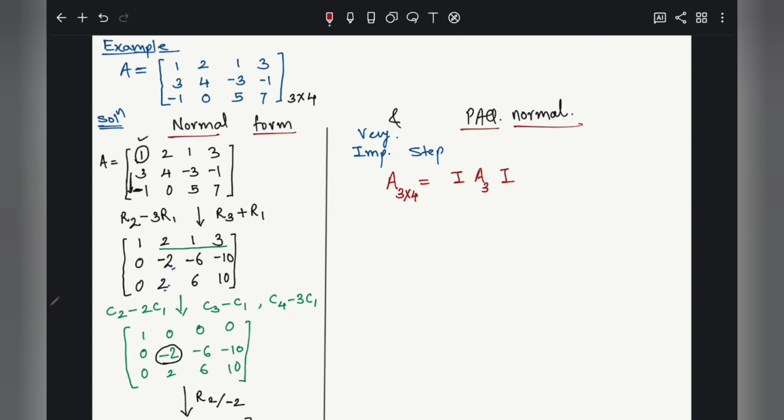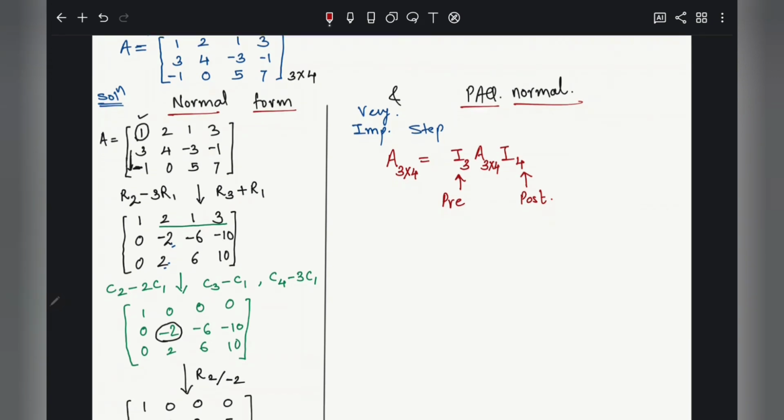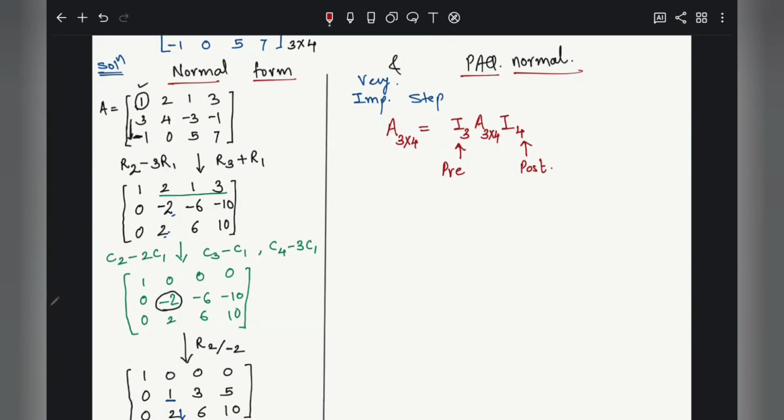If you multiply a matrix by identity, it is the same matrix. But the identity matrices will be of order 3 for the pre-multiplication, and this is the pre-identity and this is the post-identity matrix. So this is how we need to start.